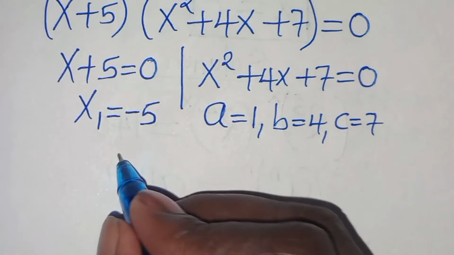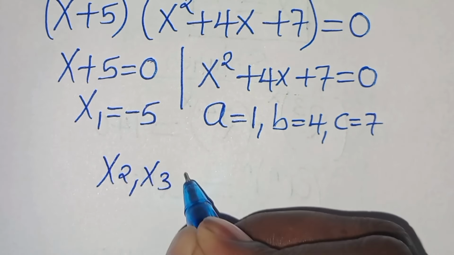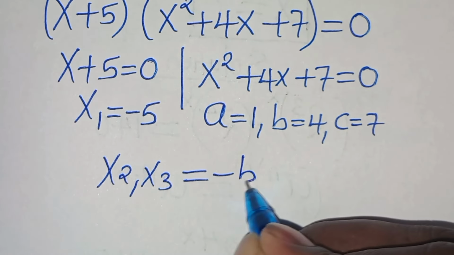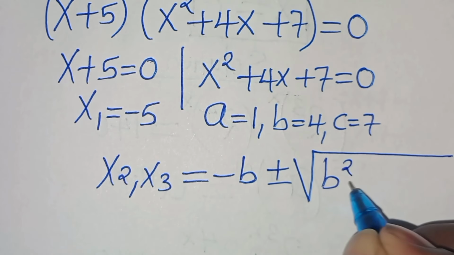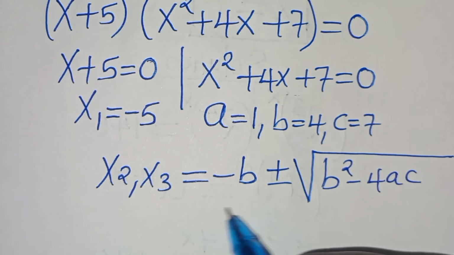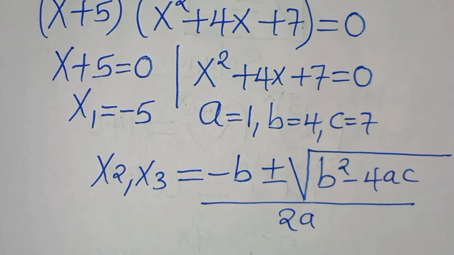So we can solve for x2, x3 by applying the quadratic formula, which is minus b plus or minus the square root of b squared minus 4ac, everything here divided by 2 times a.